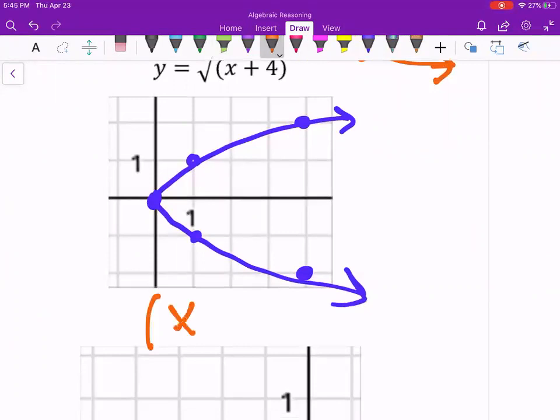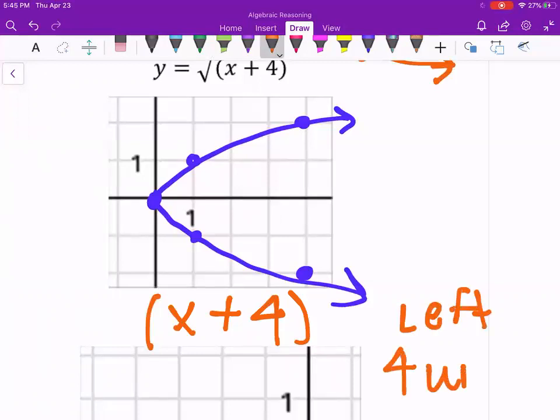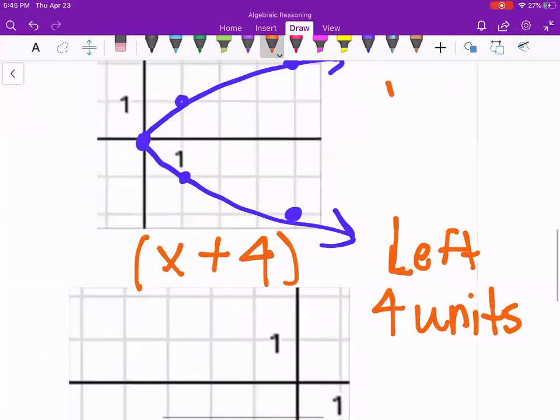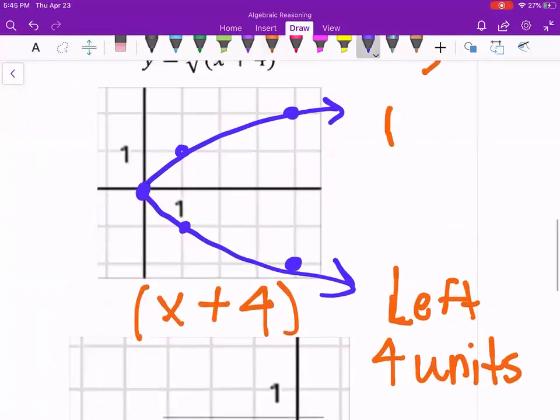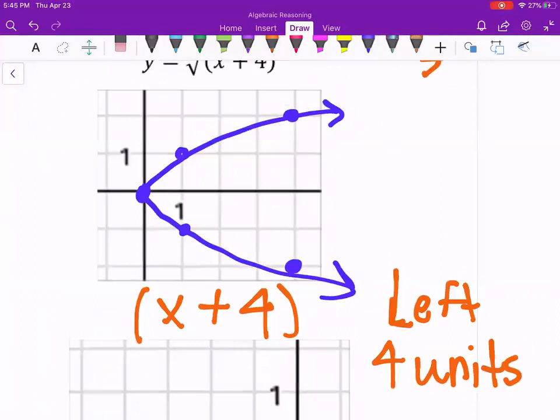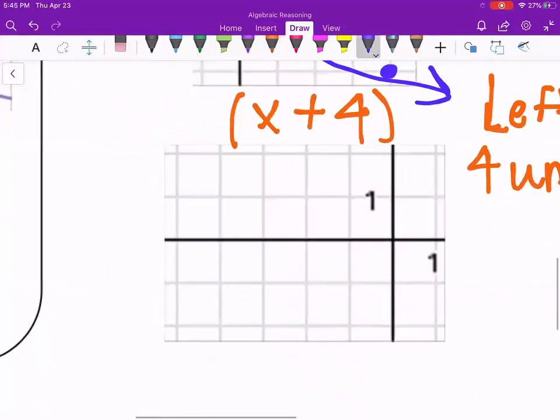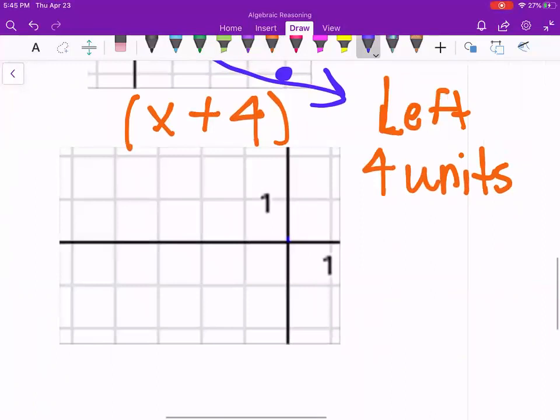Inside these parentheses is an x plus 4, which means we are shifting left 4 units. So if I put my original dots up here on this new graph, I'm not going to be able to get all of them, but I can get a few in here. And then my other 2 would be roughly out there.